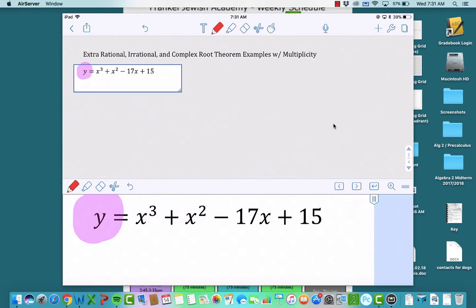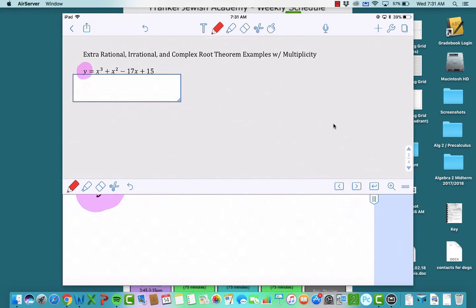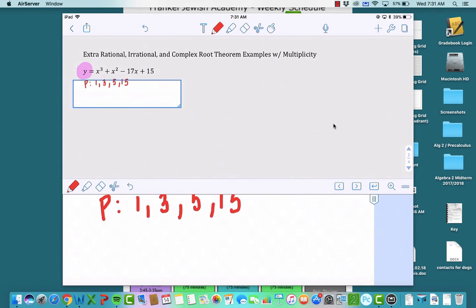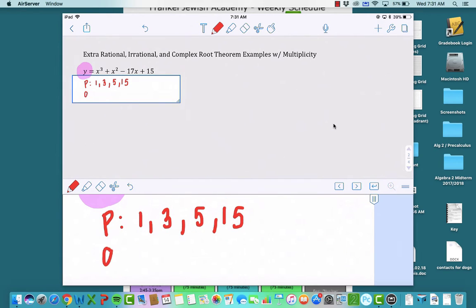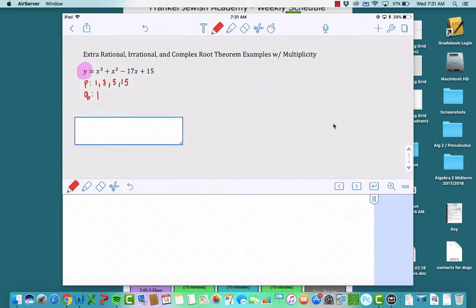So last but not least, I got to do P over Q. So again, P is the constant term, so my factors of 15 are 1, 3, 5, and 15. And then my factors of Q are just 1. There's only a 1 in front of the x cubed.